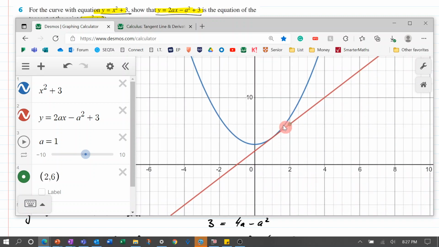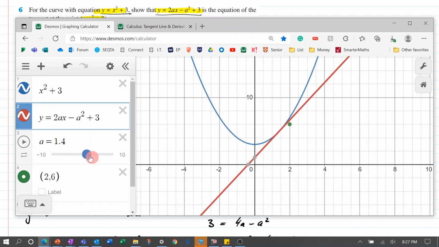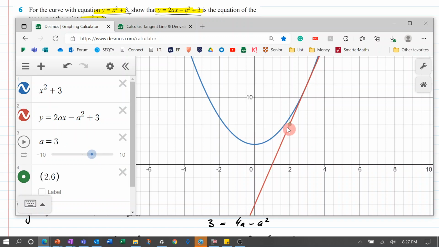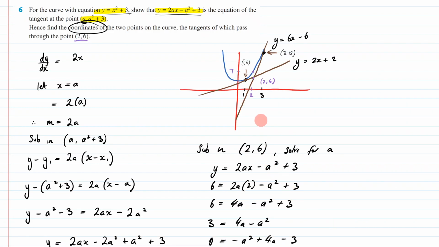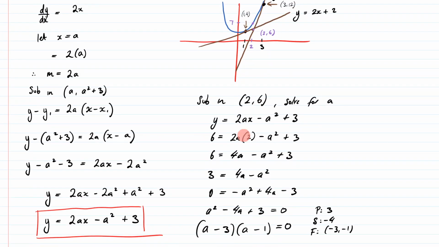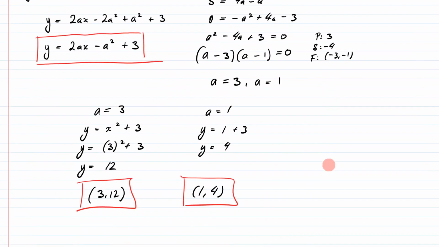So that's 1, 4. If I keep going, I'd have to zoom out again. This point here should be 3, 12. Bang, and it is 3, 12. That's what we found. It's very important that you visualize what you're doing. 1, 4 and 3, 12, that's our answer right there.